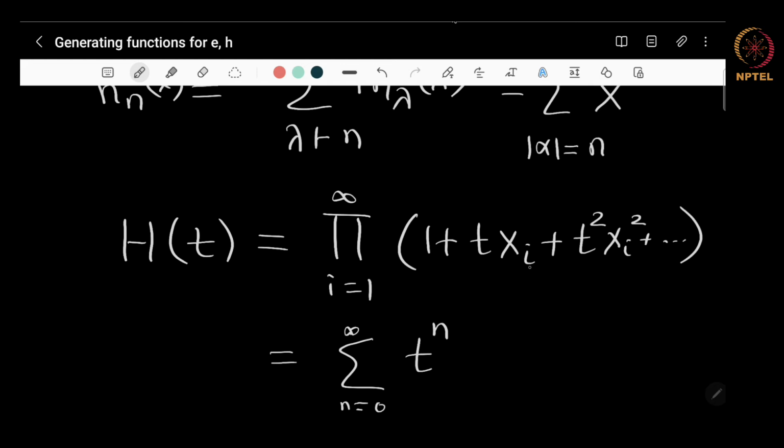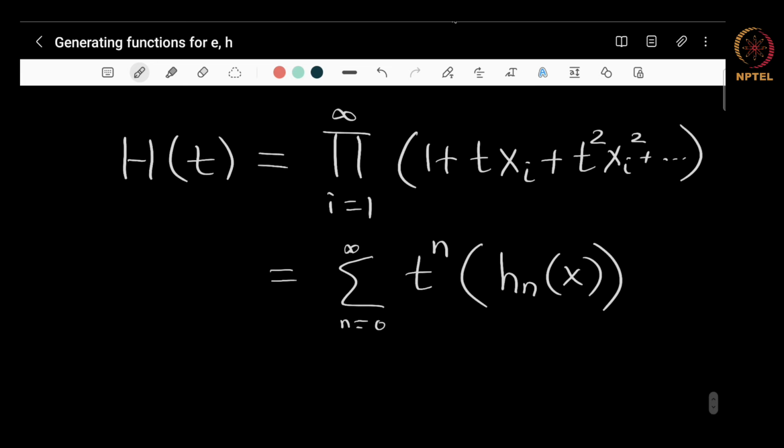Well, that only happens if you pull out some power of t from the first term of the product, some power of t from the second term of the product, and so on, such that the total power of t is n. And again, if you think about it, what are we doing really in terms of the x's? You're just taking all monomials whose degree is n. In other words, this is exactly the complete symmetric function hn of x.